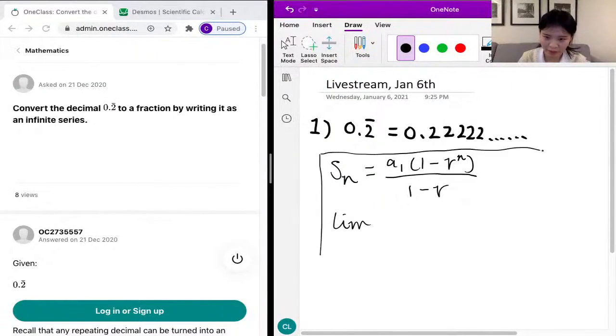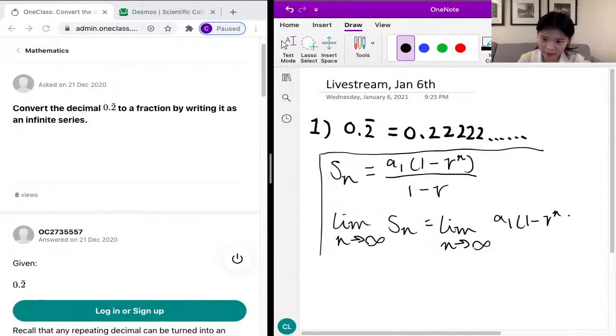If you haven't heard of geometric series before, this is what you've got to know. As n tends to infinity, where n is an arbitrary number representing the nth term, what is the sum? When the number of terms is infinite, the sum is the limit as n tends to infinity of A1 times 1 minus R to the n, over 1 minus R.